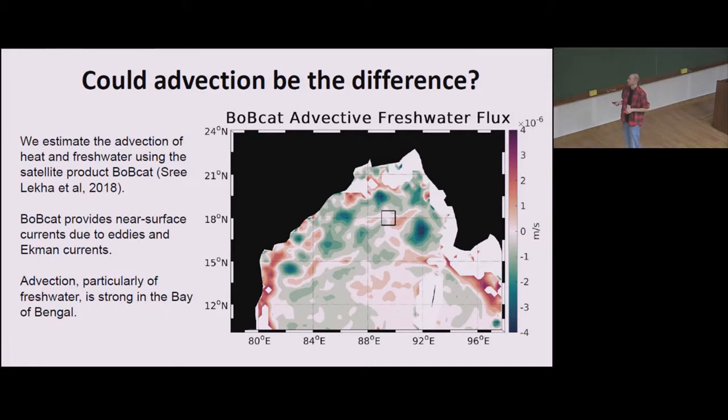This is the area where the Woods Hole mooring was located. I have a little box here because that's where I'm going to do the study. This is an average over the study period, which is between February and December.